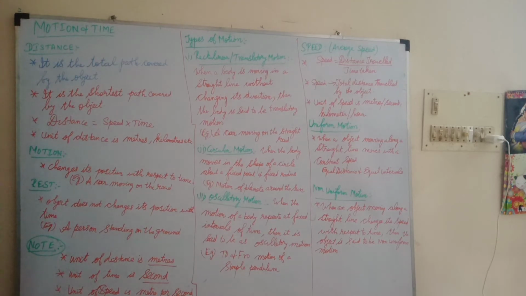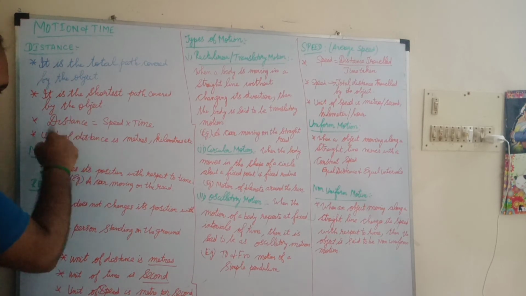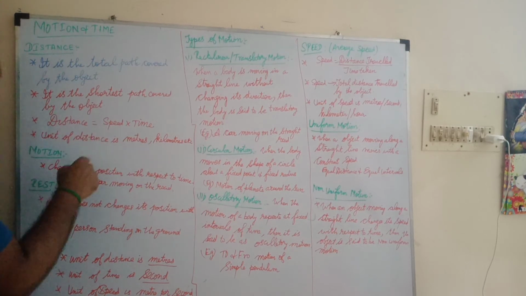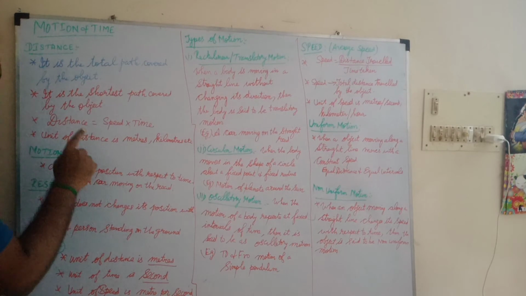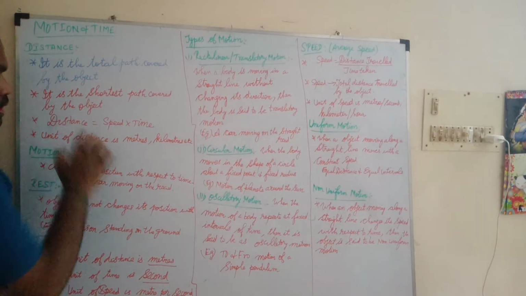The unit of speed is meter per second. Why meter per second? Because speed is equal to distance by time. Distance by time, so time will come in the denominator.